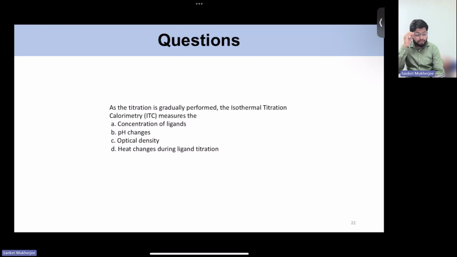As the titration is gradually performed, isothermal titration calorimetry measures the concentration of ligands, pH change, optical density, or the heat change during ligand titration.